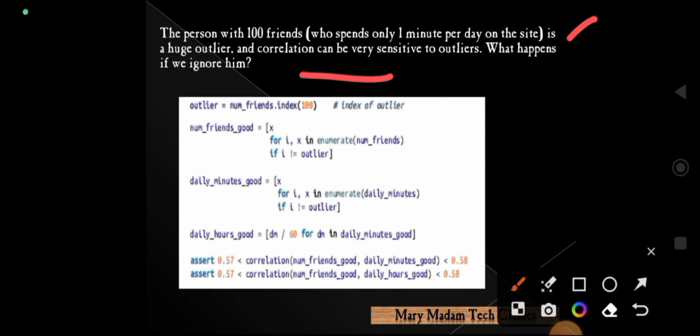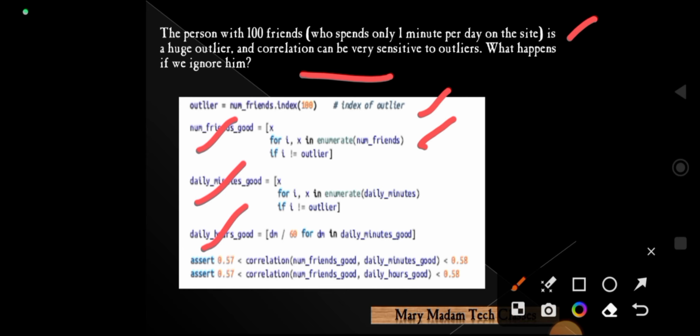What happens if we ignore the outlier? Outlier is equal to number of friends dot index of 100. The index of the outlier is 100. Number of good friends is x for i, x in enumerate number of friends if i is not outlier. The same thing for daily minutes and daily hours.